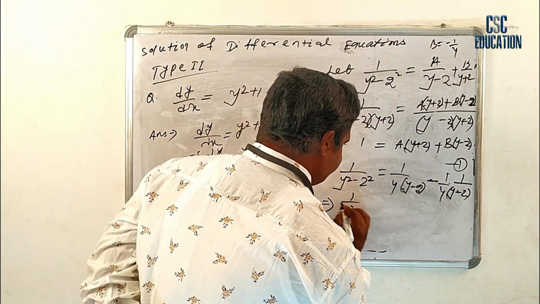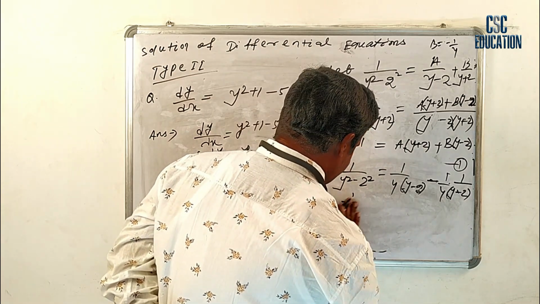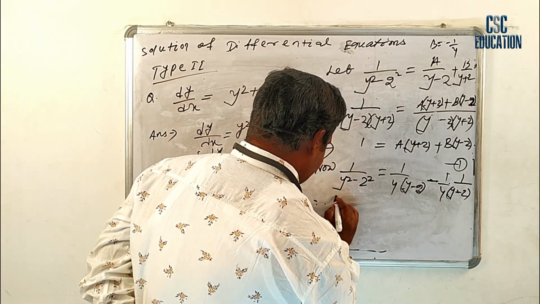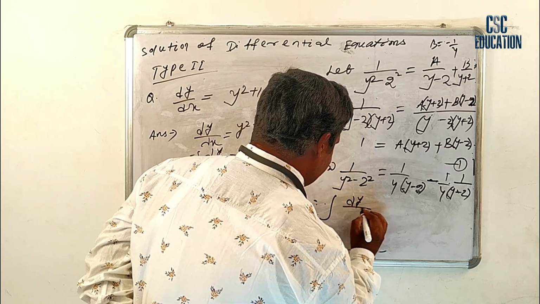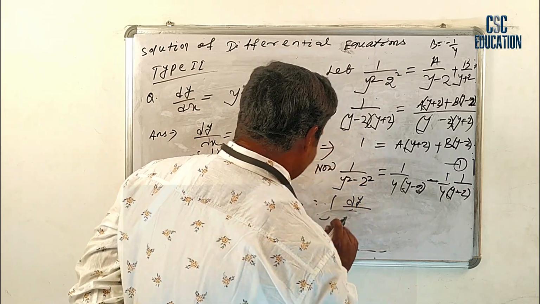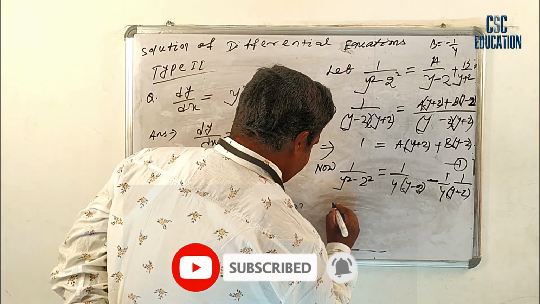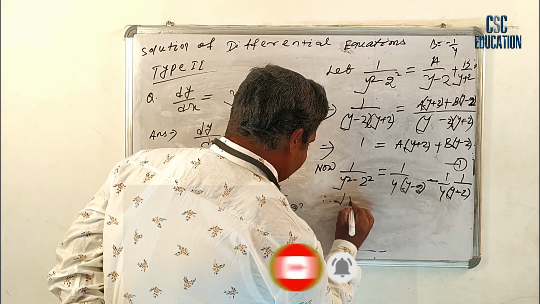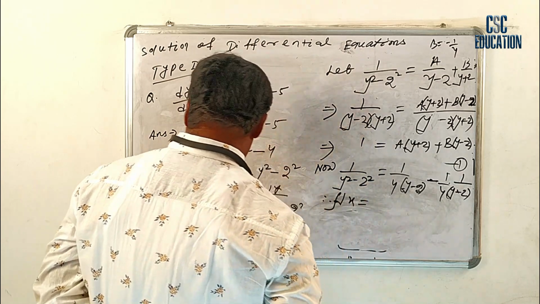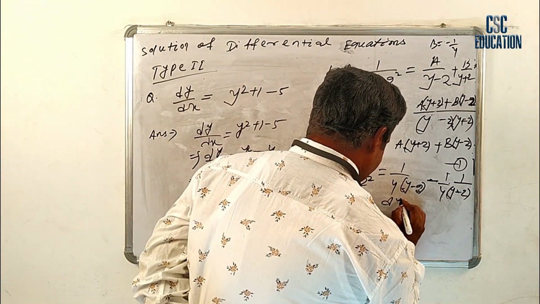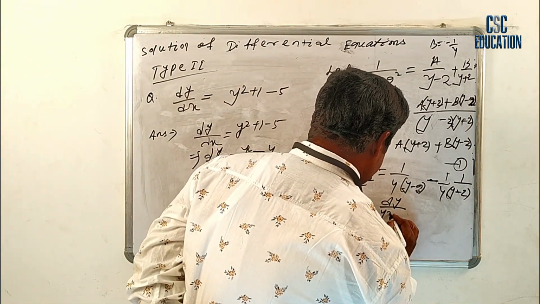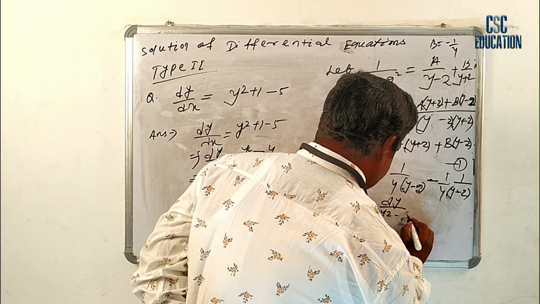Okay, now integrating, the integral of dx equals the integral of dy by y square minus 2 square.